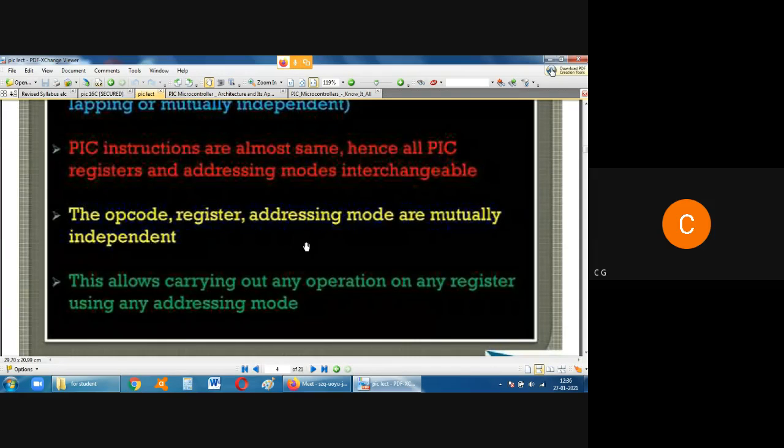Okay, and therefore many times when you write a program, I will just ask you a simple question: you studied the program with the address location C100. I just change it to D100.